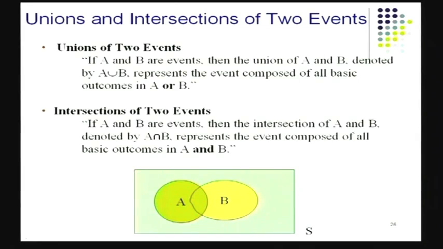Certain outcomes together constitute A, and certain outcomes together again constitute B. A and B together form the union, and whatever is common between A and B forms the intersection of A and B. And that's what we have right in the middle. These elements belong to A and also belong to B.